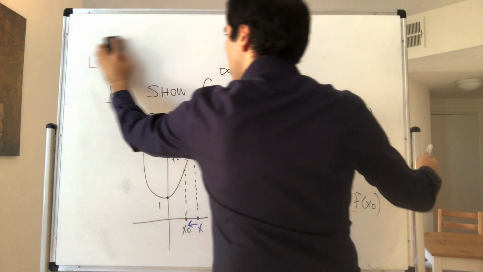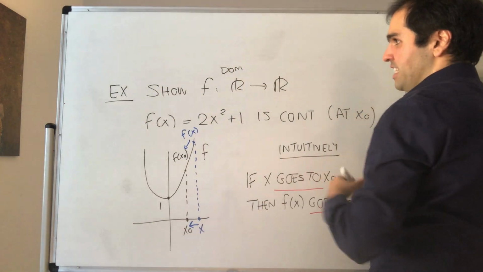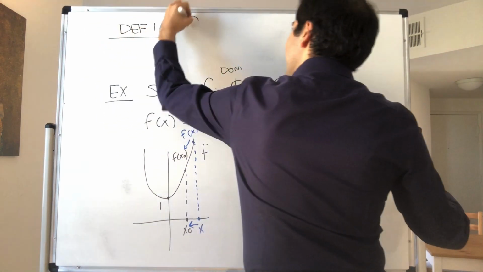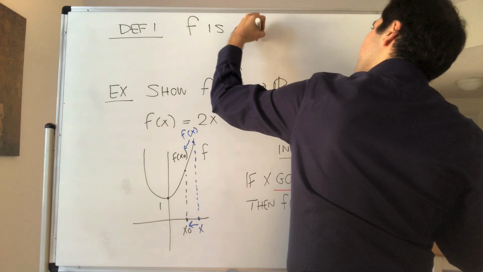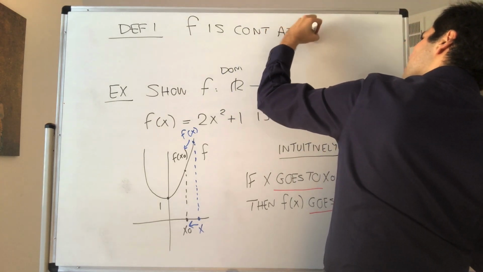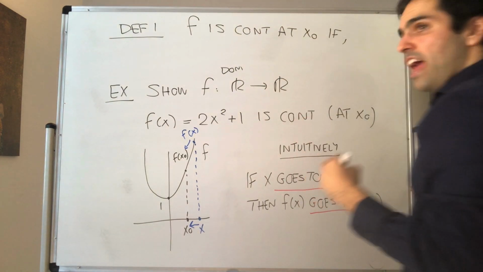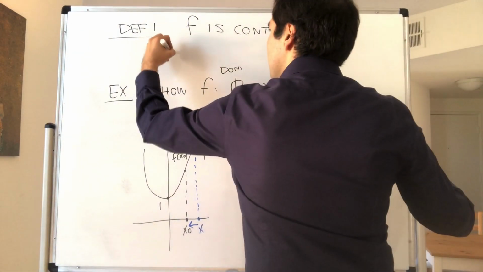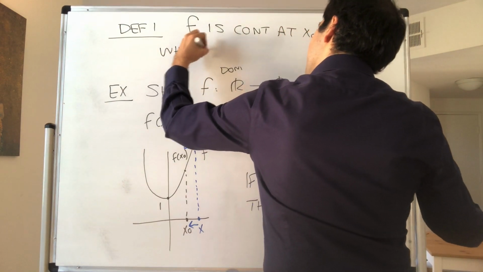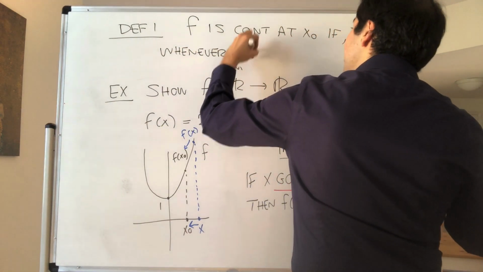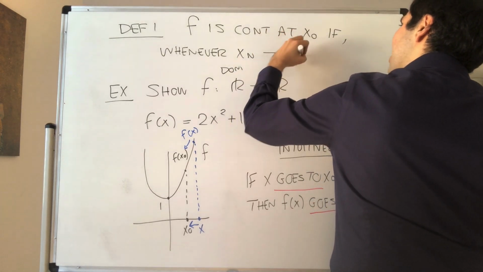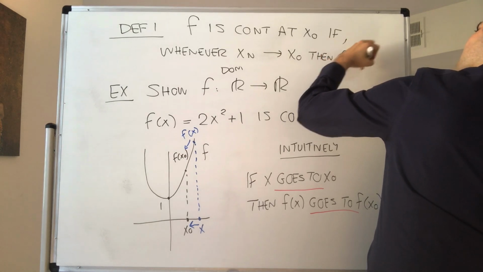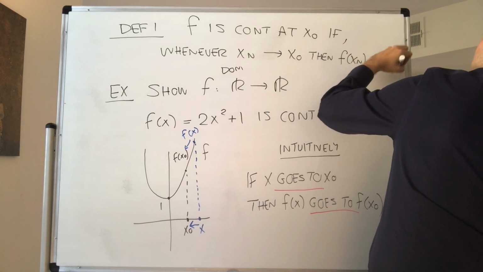Now, one way to think about continuity is with sequences. So here's the first definition. Namely, f is continuous at x naught if whenever you have a sequence xn in your domain that converges to x naught, then f of xn converges to f of x naught.